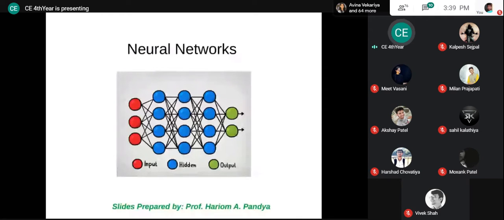Fine. So in a neural network, there are mainly three kinds of layers, right? If you consider this initial figure, we have the input layer, and all these red neurons are actually input neurons. Next, we have n number of hidden layers.